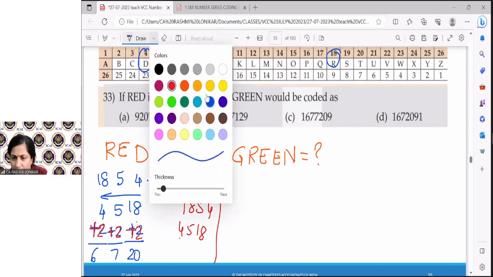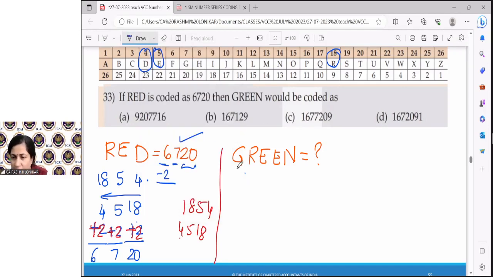I will try to write down the numbers for GREEN. G is 7, R is 18, E is 5, E is 5, N is how much? N is 14. I have to write it in the reverse order. So it is 14, 5, 5, 18 and 7. What have we to do?